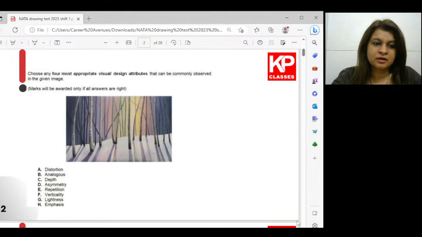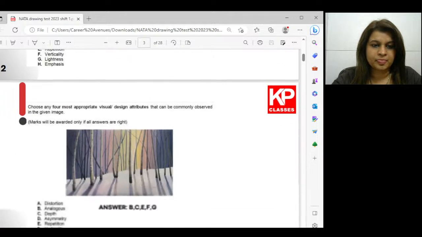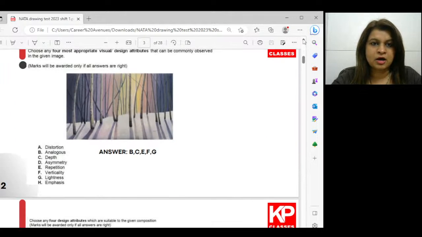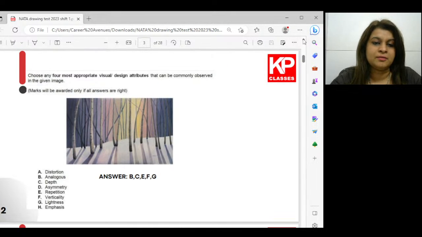So the options over here are distortion, analogous, depth, asymmetry, repetition, verticality, lightness, and emphasis. So let's see what the answer is. The right options are B, C, E, F, G, which is analogous, depth, repetition, verticality, and lightness.